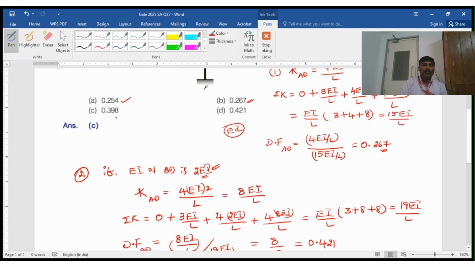And 0.398 is in the range between minimum and maximum. The maximum is what it can have if you have 2 EI as flexural rigidity. So your answer is 0.398. Thank you.